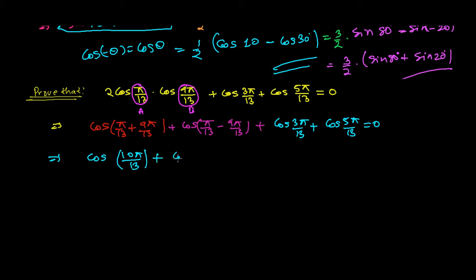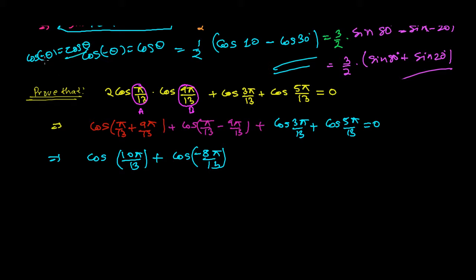Plus, now this is cos of pi over 13 minus 9 pi over 13, so it will be minus 8 pi over 13. And you know that cos of a negative angle is simply cos of that angle.